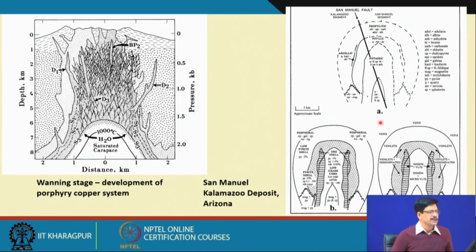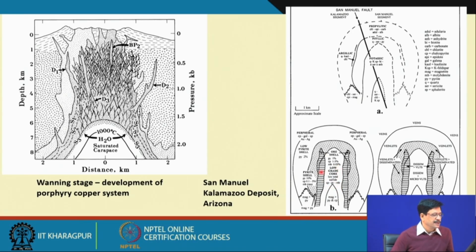It is taken from one particular deposit, the San Manuel Kalamazoo deposit in Arizona, and if we look at these two diagrams here, this is the core representing the small plug-like body which is emplaced, and then it is surrounded by a zone where there is low grade mineralization, with chalcopyrite, pyrite and molybdenite.